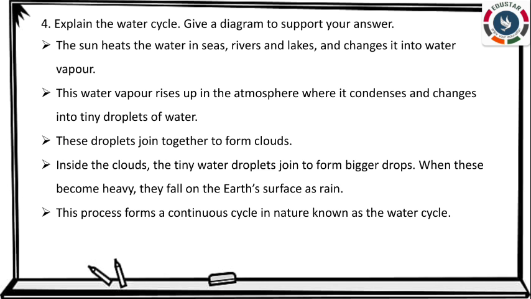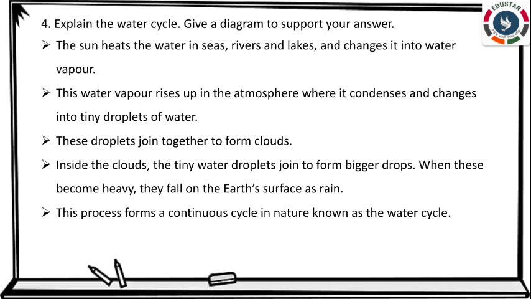The fourth question, explain the water cycle, give a diagram to support your answer. The answer is, the sun heats the water in seas, rivers, and lakes and changes it into water vapor. This water vapor rises up in the atmosphere where it condenses and changes into tiny droplets of water.